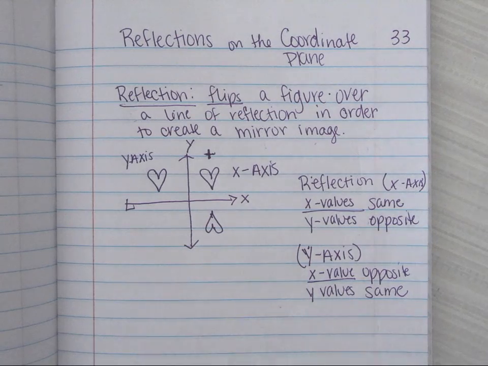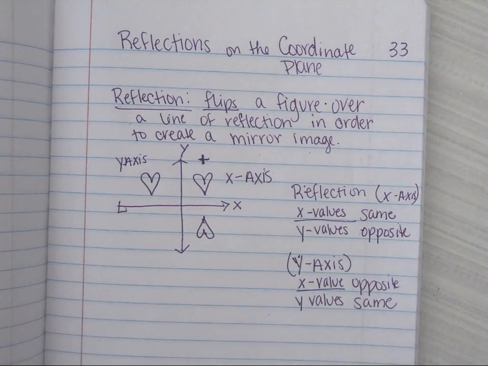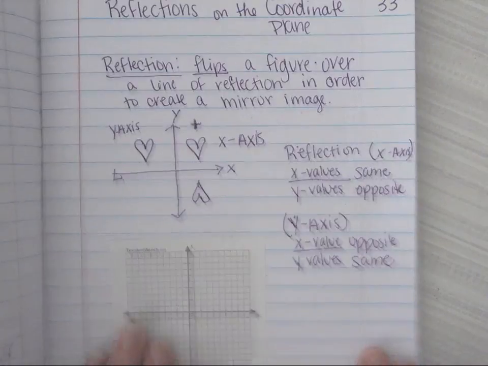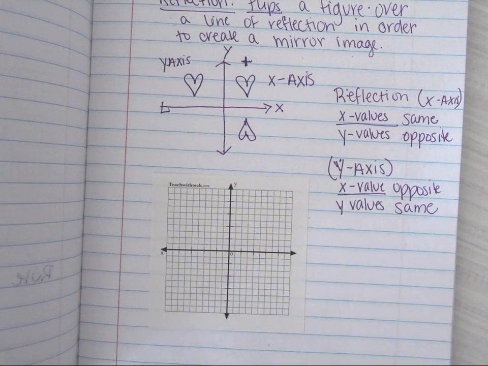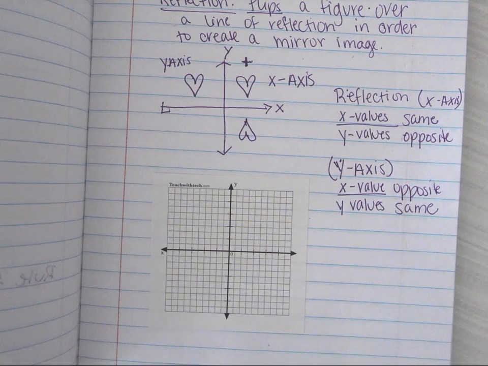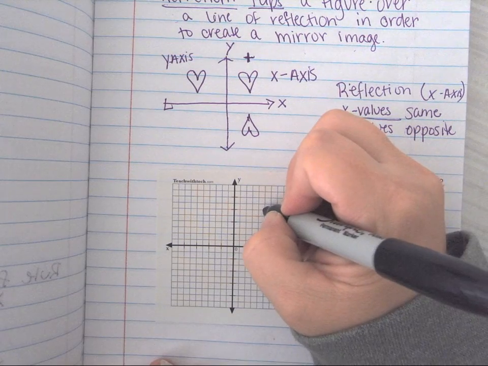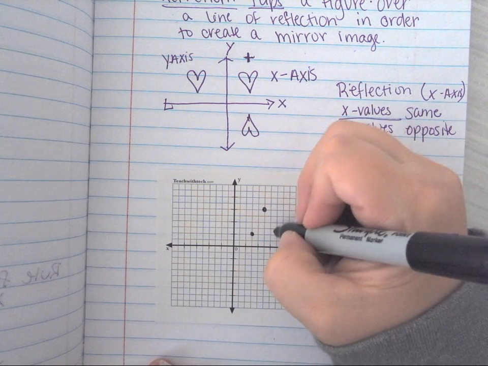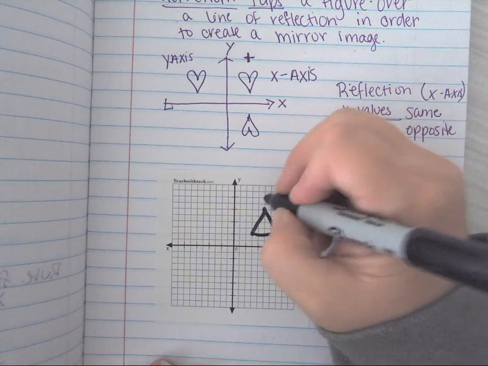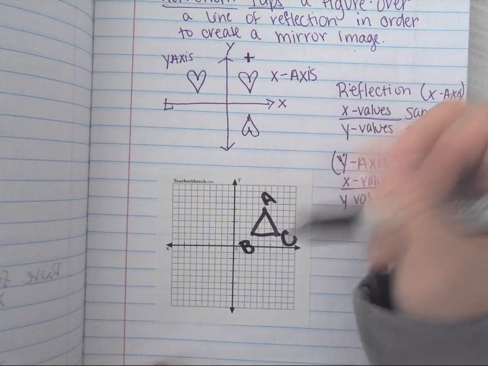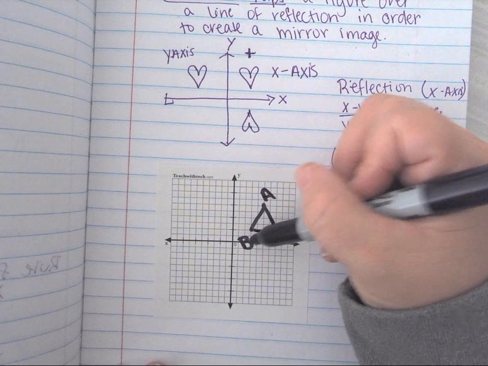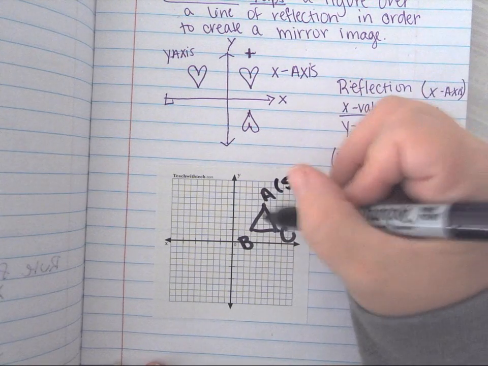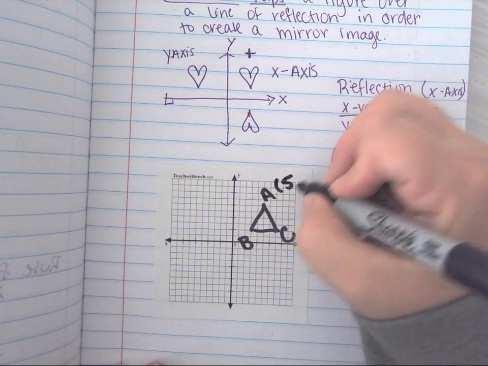So we are going to try this with a triangle. This is A, B, C. A is at 5 and 6.